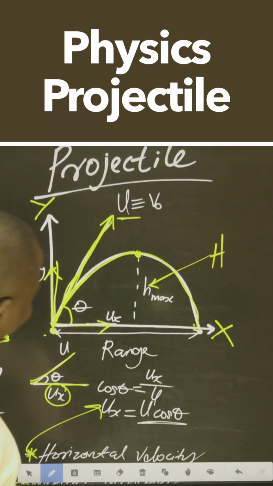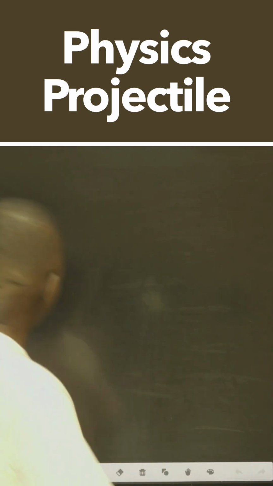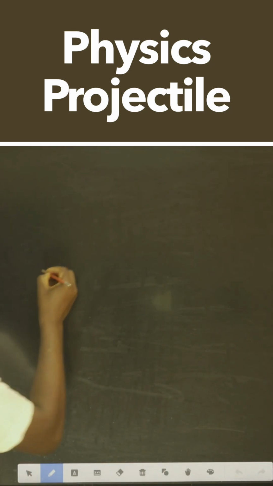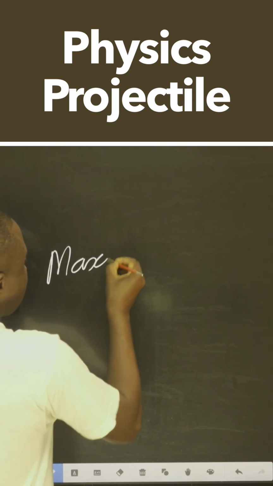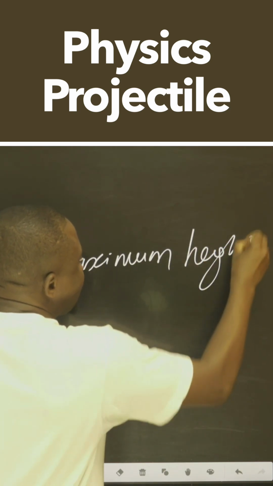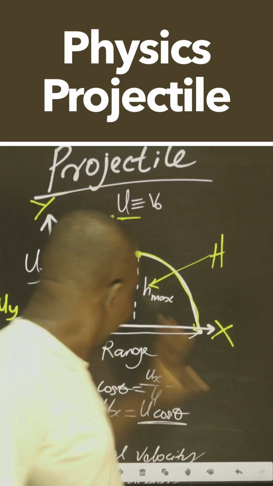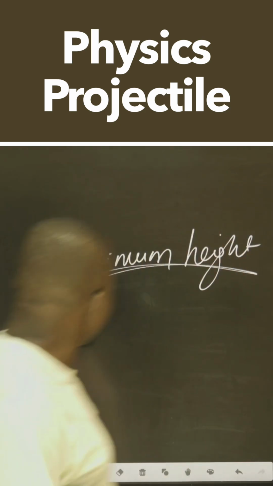Maximum height. What I'm going to do, I will open a new slide. Let's talk about maximum height so that we will not confuse you with a lot of writing in one place.